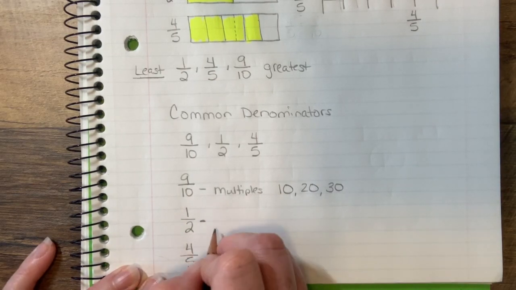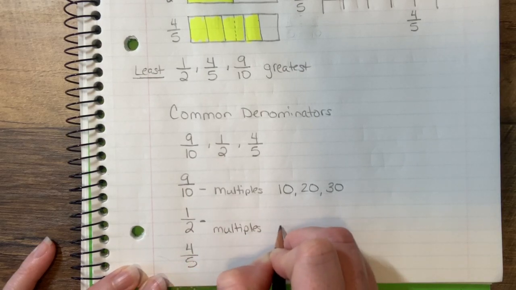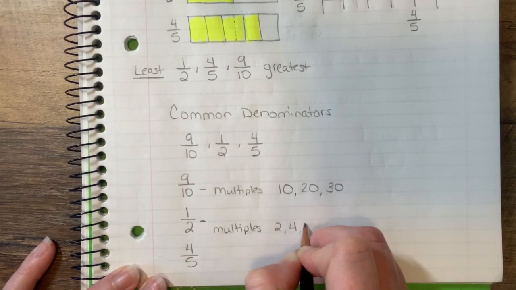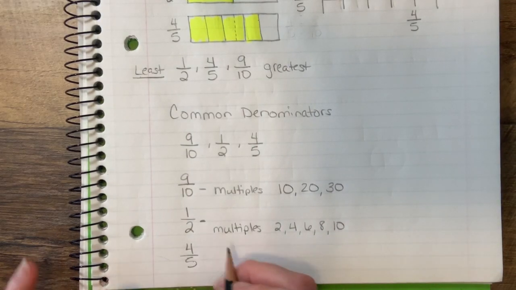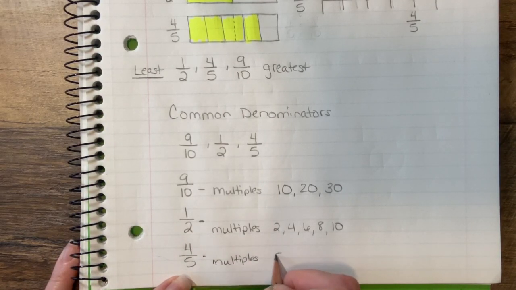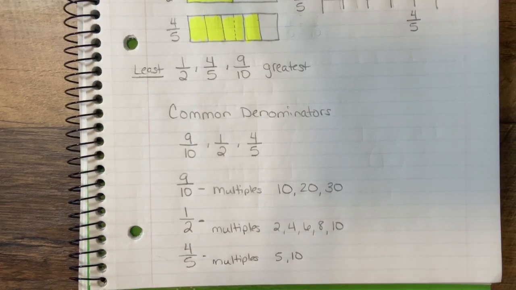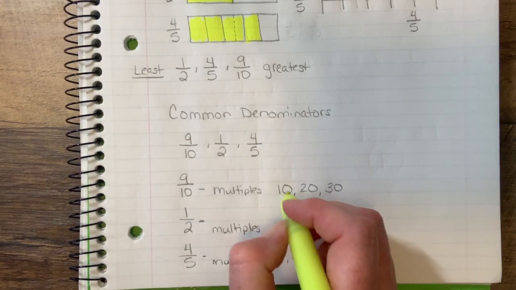What about the multiples of 2? 2, 4, 6, 8, 10. What about the multiples of 5? 5, 10. The moment you find a multiple that they have in common, that is going to become your new denominator.